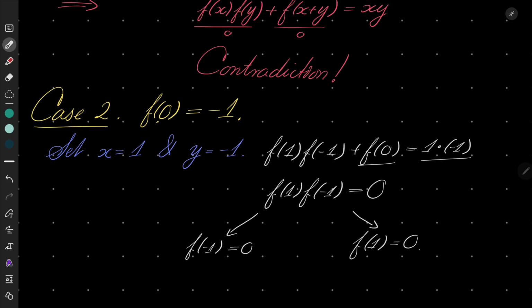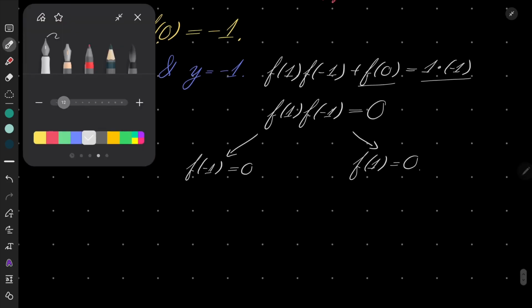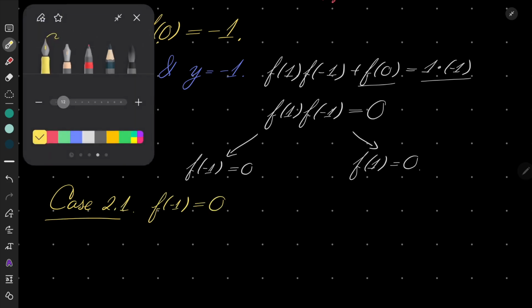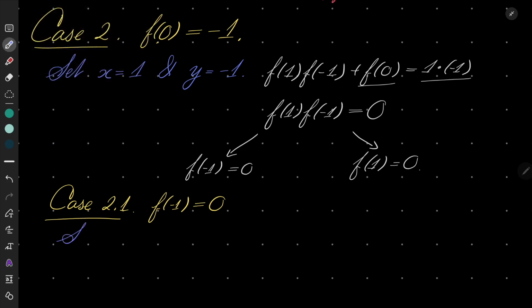Okay, so let's verify both possibilities. Case 2.1, when f(minus 1) is 0. Let's set y to be equal to minus 1.